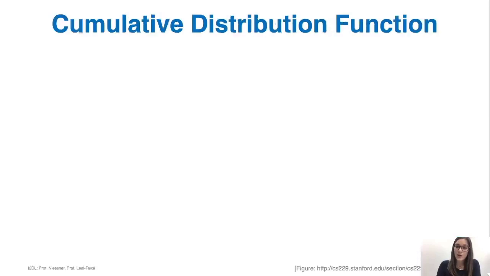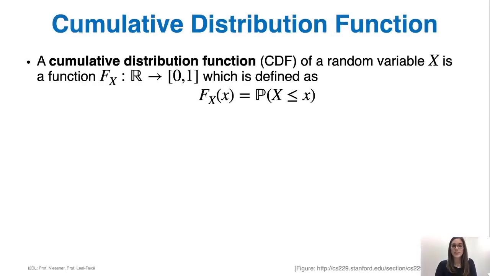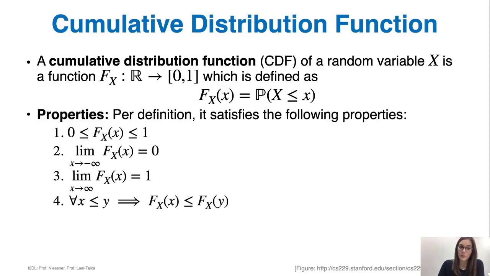Okay, so let's just shortly review the definition of these functions. I said the cumulative distribution function is for both settings the same, and it's essentially a function F of x which is defined from R into the interval between 0 and 1, and it's defined to be the probability that our random variable is smaller or equal to the value of x, small x. It also has 4 properties.